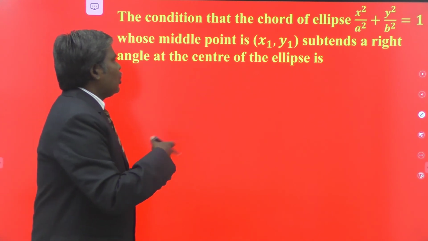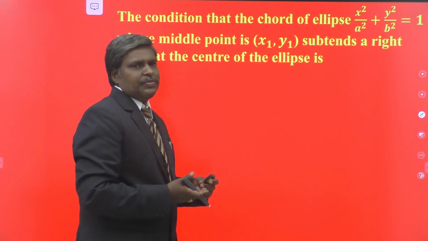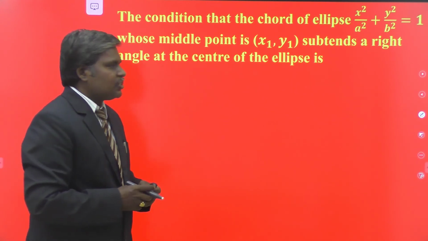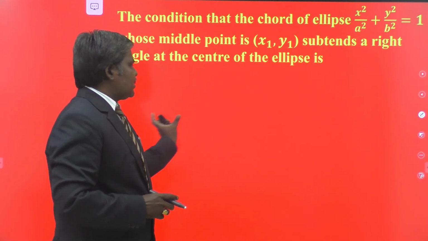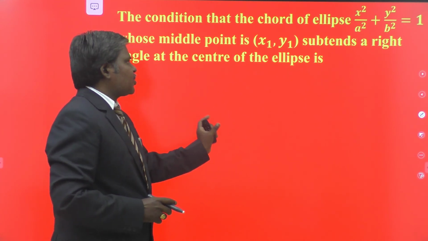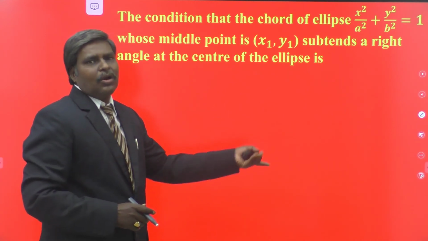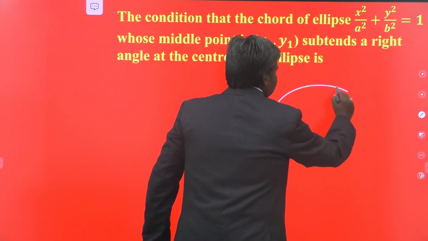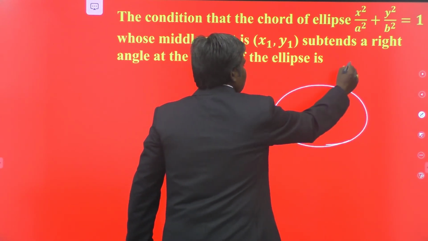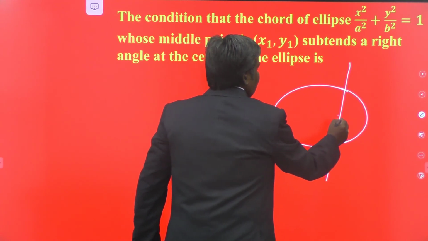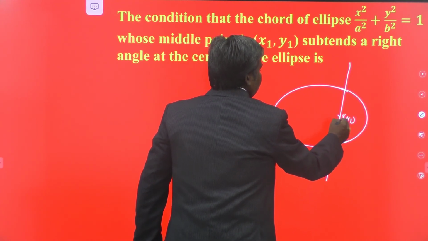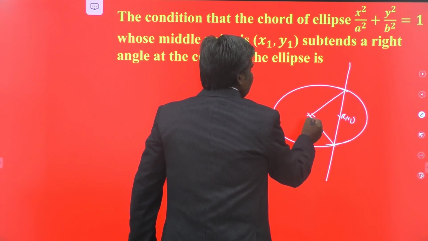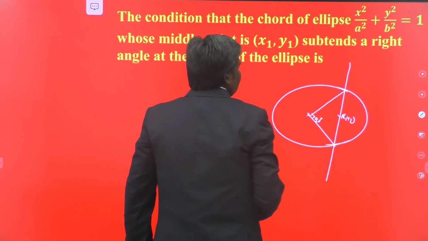Or you may ask for the locus of the midpoint of chords of the ellipse that subtend an angle of 90 degrees at the center. That is also meaningful, but they are asking just for a condition. Instead of (x1, y1) you write (x, y), and we get the locus. That's all. So what is the thing here? This is an ellipse. If any chord having midpoint (x1, y1) subtends an angle of 90 degrees at the center, we have to obtain the condition.